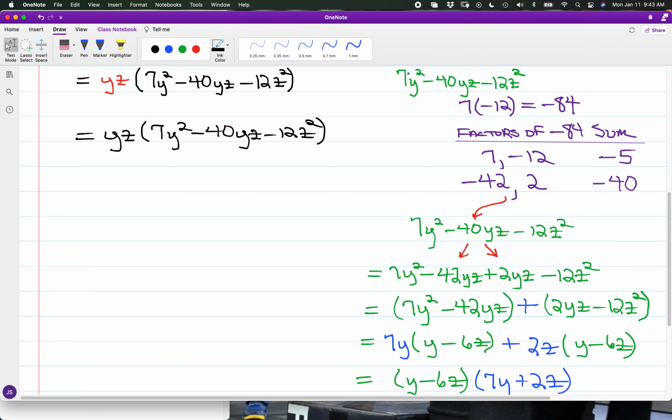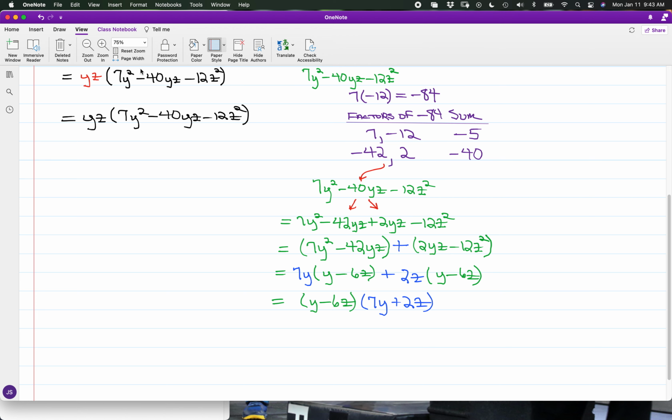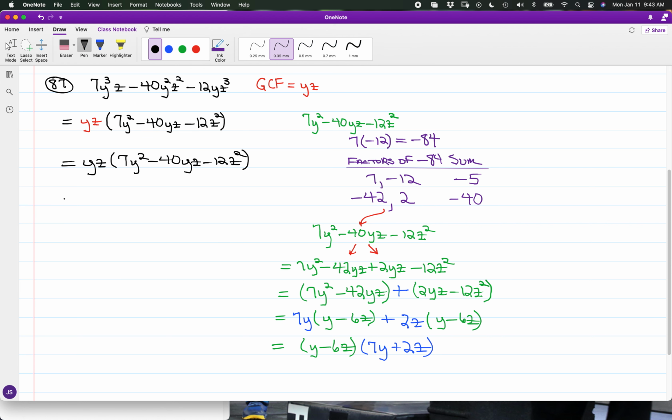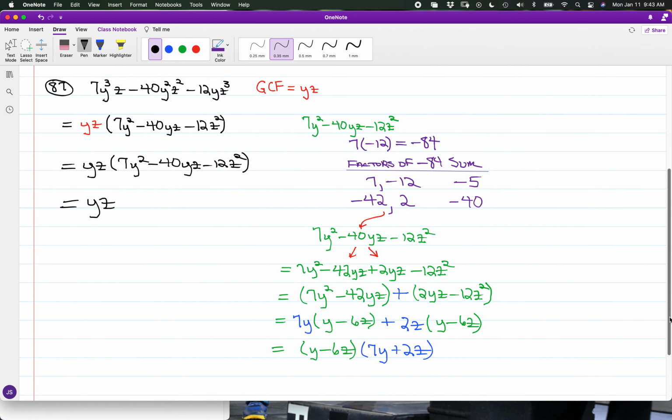But now for the overall picture, going back to our original problem, we had drawn out the greatest common factor, y times z, and again the factorization of the trinomial.